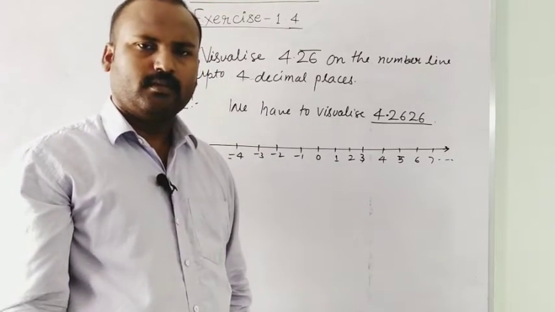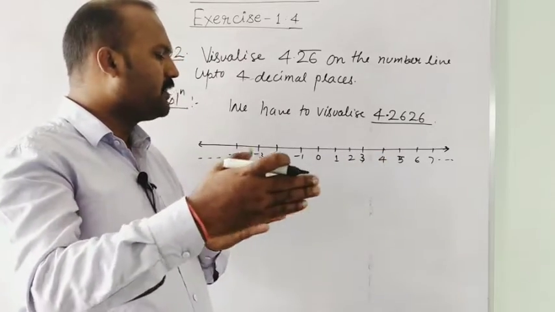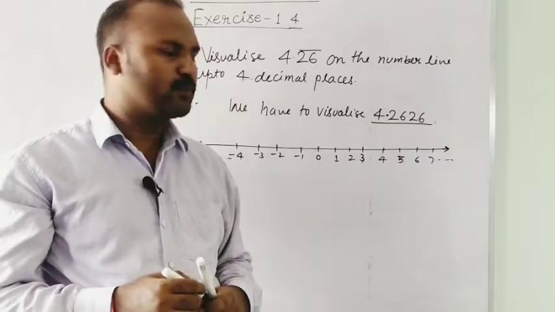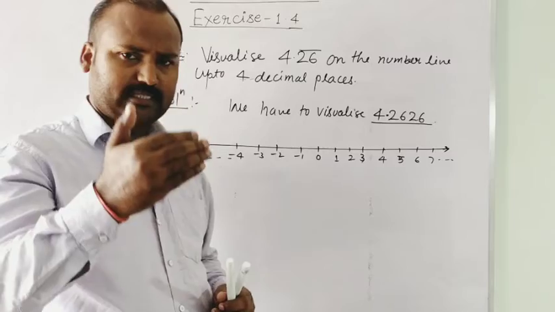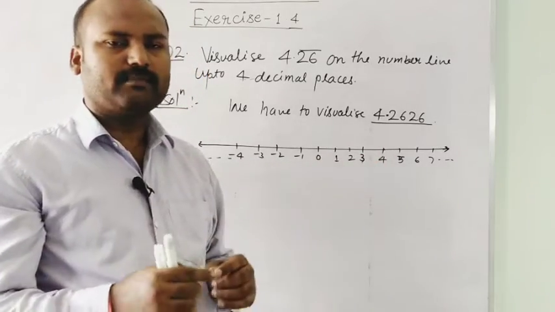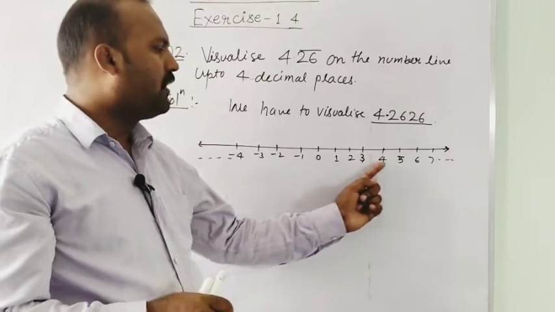Now see the given number is lying between which two numbers. This is 4.2626. This is more than 4 obviously, but less than 5. It means this given number is lying between 4 and 5.